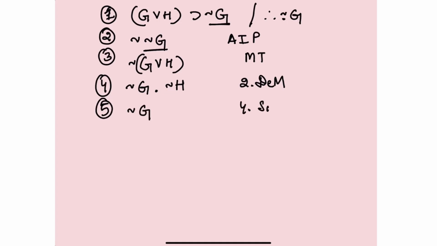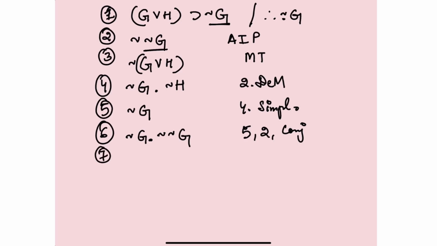In 4 you did simplification. Moving to the next, if you see here we have negation G dot negation G. So you have taken the fifth and second and you did conjunction.